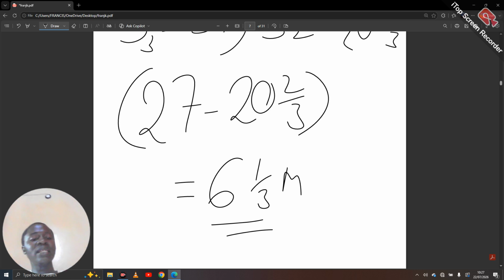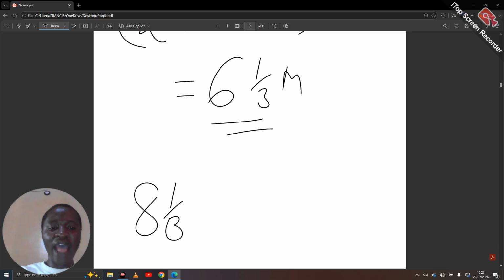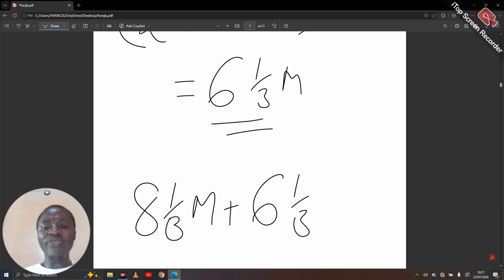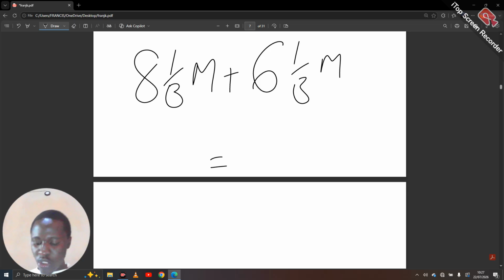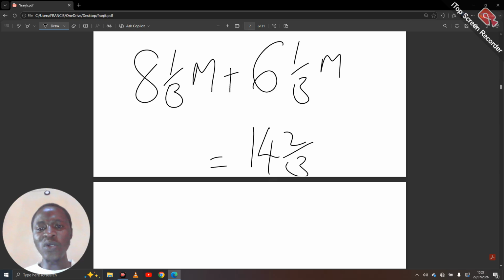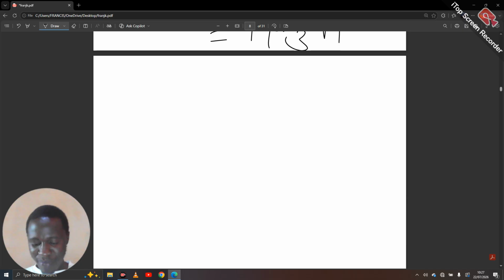So that means the total displacement will be 8 and a third meters added to 6 and a third meters. The total displacement will be 14 and 2 all over 3 meters.